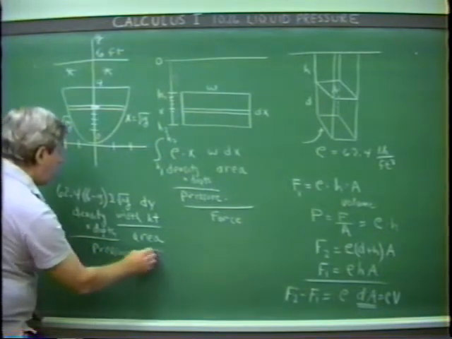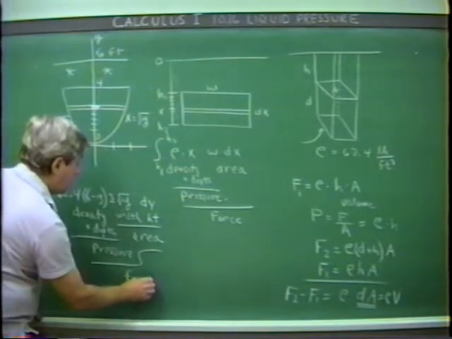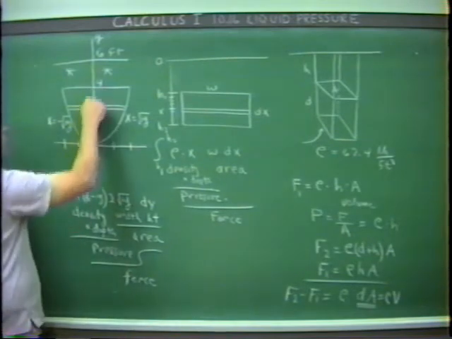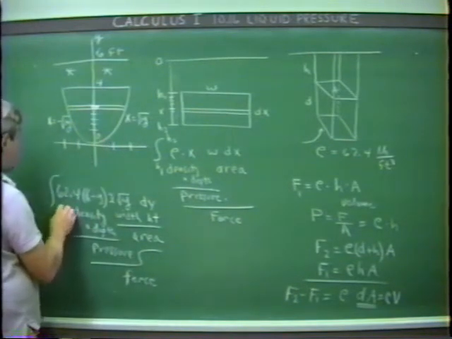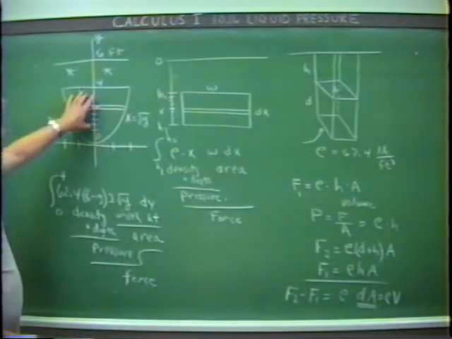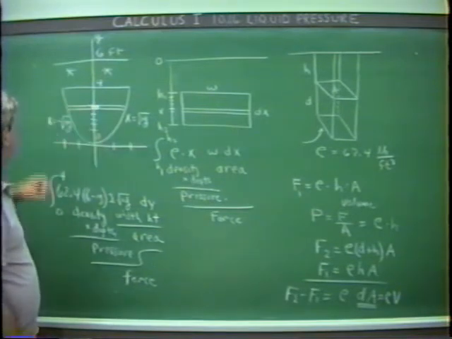Right? So this is the density times the depth, which gives you the pressure. The pressure times the area is the force on the little piece. Right? And now we want to sum this up over the interval we partitioned, namely from 0 to 4.